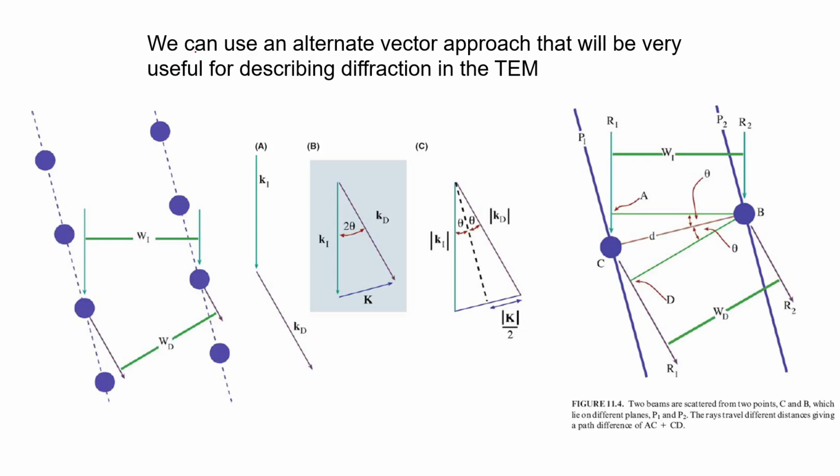We can also use this alternate vector approach, which will be very useful for describing the diffraction in the TEM. So basically, if these blue lines are your atoms, this is one plane, this is another plane, and your incident beam is coming in this direction, and then it is being diffracted, scattered in this direction.